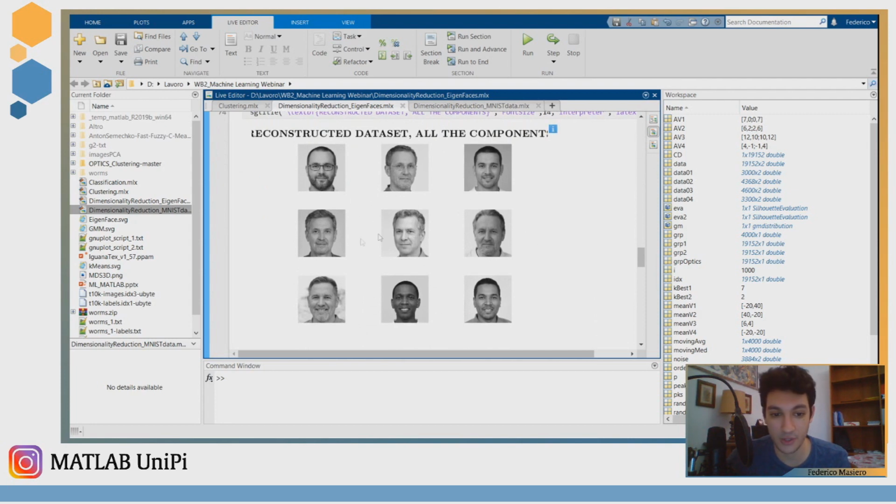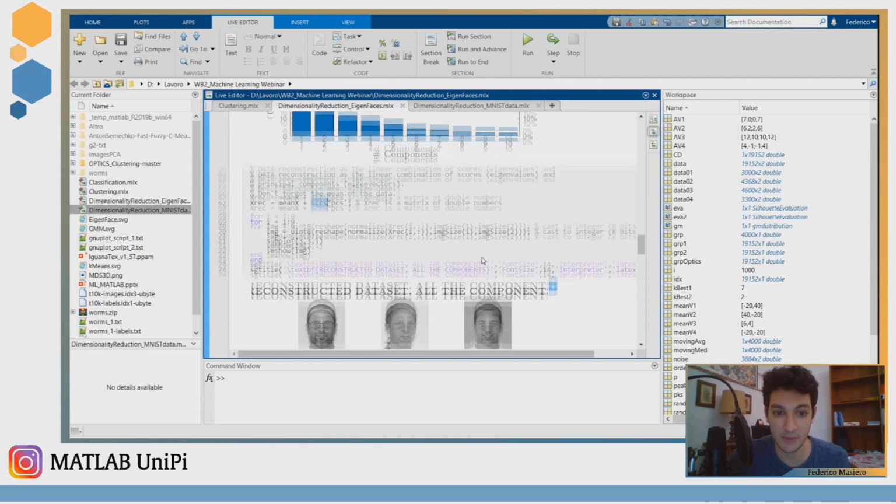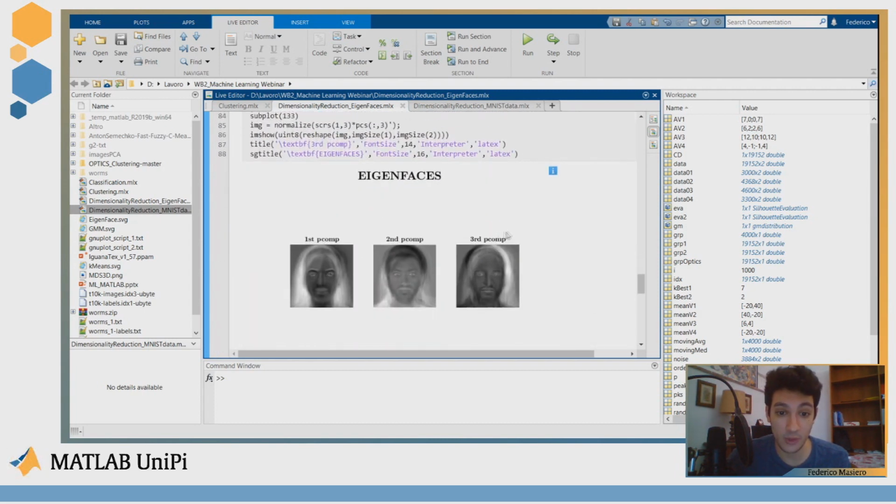So here is just a way to visualize the reconstructed dataset to check if the images are the same. Then we can also check these principal components, which are the eigenvectors contained in the matrix PCs.